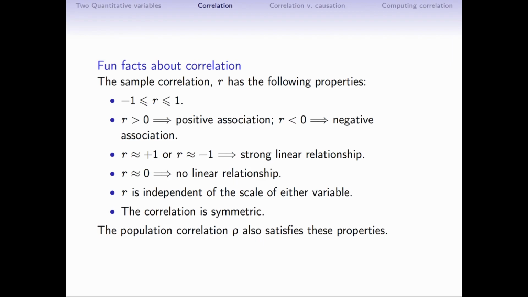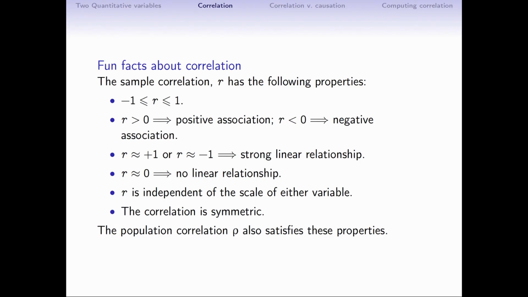I'm free to change the ordering of the variables, and it's not going to change the correlation. It's perfectly symmetric in the ordering of those variables. Now, the population correlation rho also satisfies all of these properties. So we should think of these as properties of the sample correlation or properties of the population correlation.